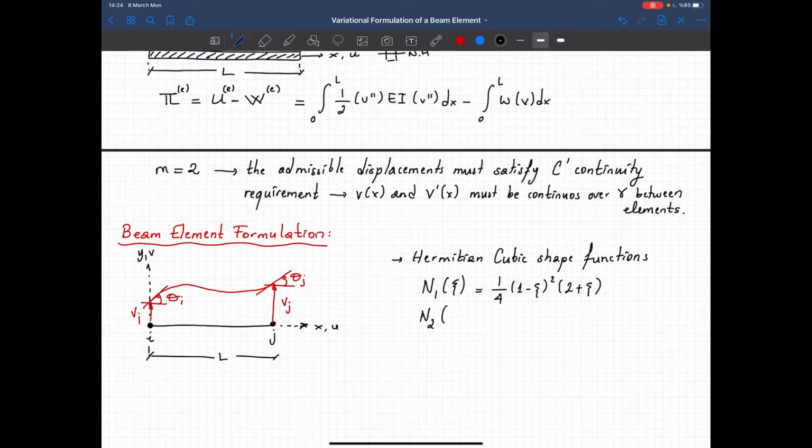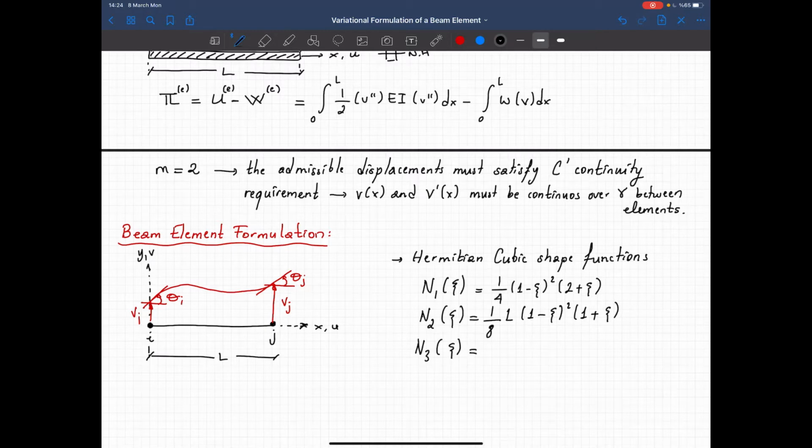N2 is equal to 1 over 8 multiplied by length L, 1 minus psi squared, and 1 plus psi.